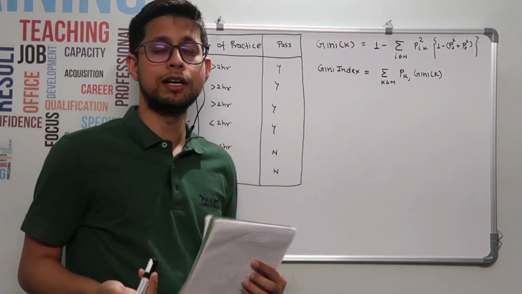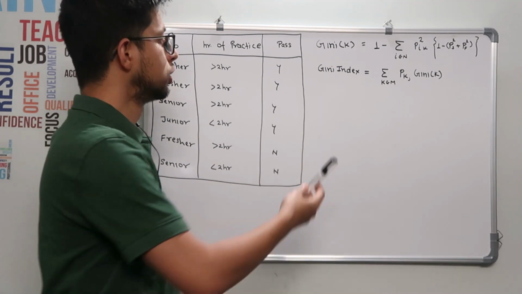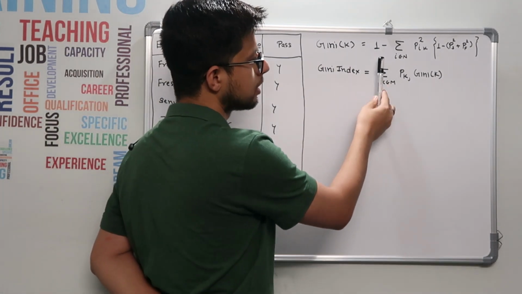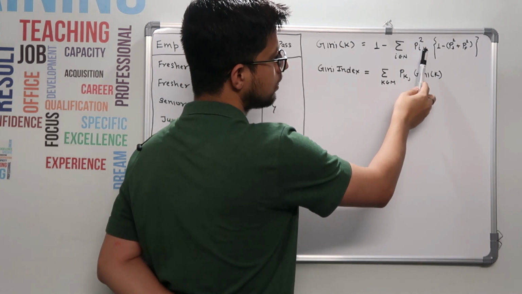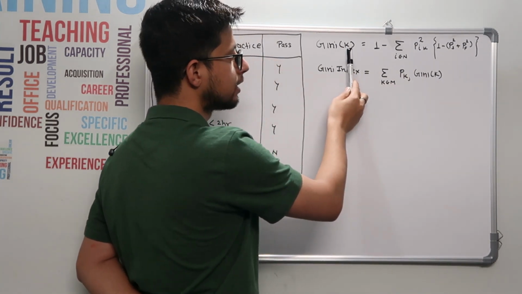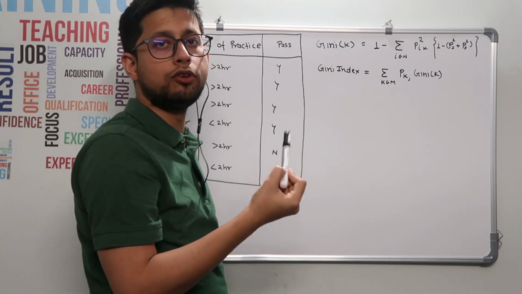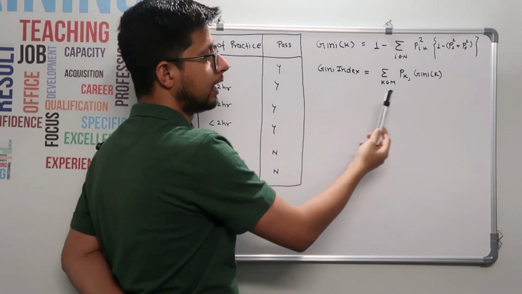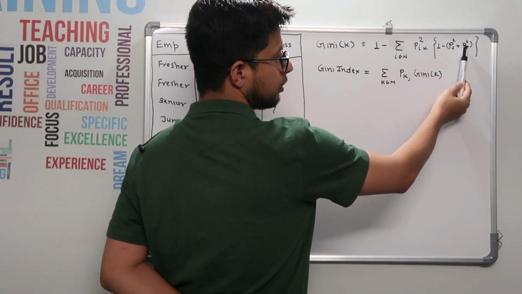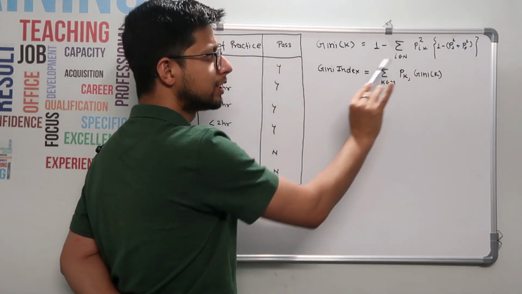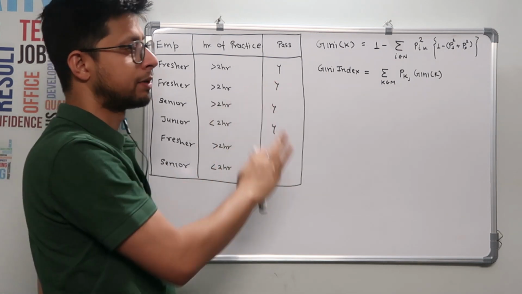So how do we calculate Gini and how do we calculate Gini index? Gini is calculated by 1 minus sigma i belongs to n, that is nodes, p_ik square. Here k is for which data item on that node we are calculating the Gini, and you can calculate 1 minus probability of success square plus probability of failure square. So this is the formula. I will explain how to interpret this formula.